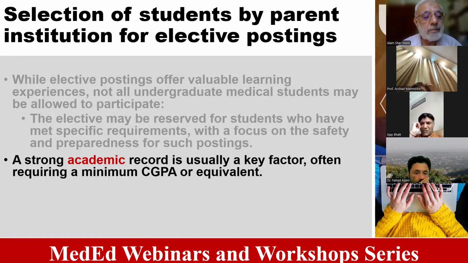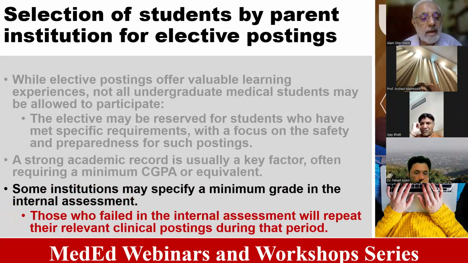For that purpose, a student must have a reasonable academic record, and those who do not have a reasonable academic record, or those who have failed in the internal assessment, will repeat the relevant clinical postings during that period.